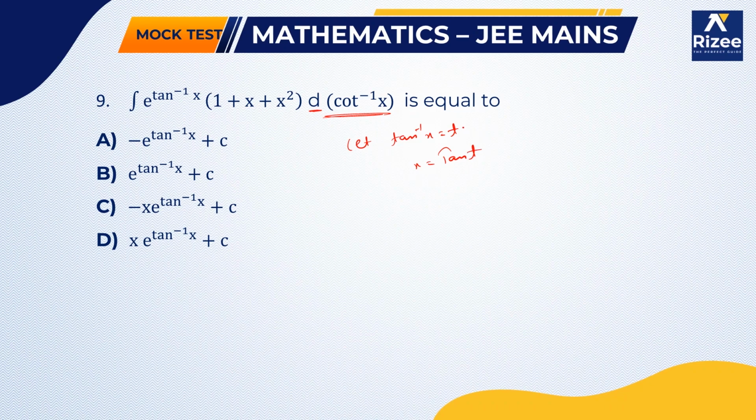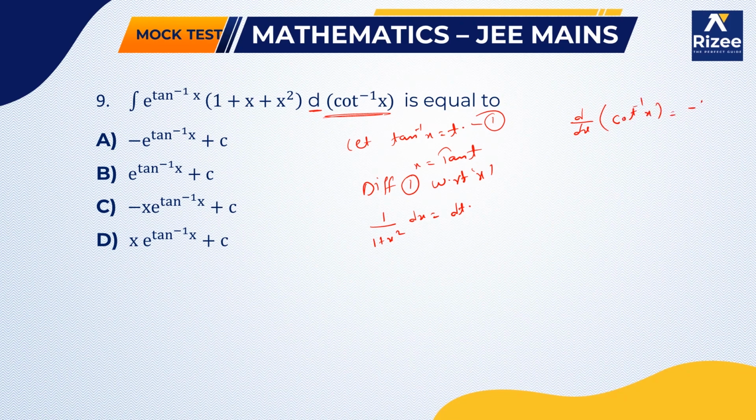Differentiate with respect to x. 1 by 1 plus x square dx is equal to dt. So the derivative d by dx of cot inverse x equals minus 1 by 1 plus x square. Dx is equal to 1 plus x square into dt.